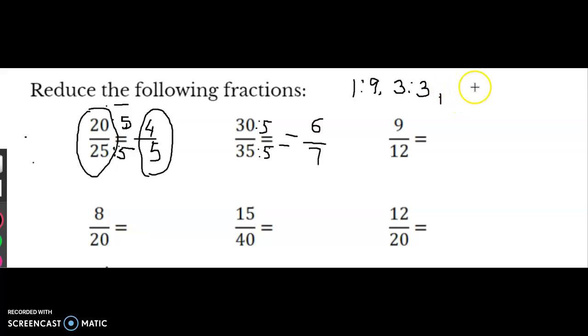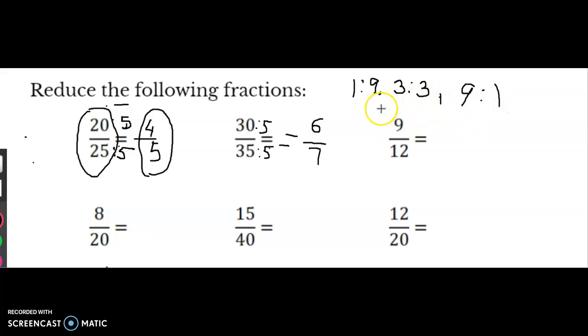By 5, no. By 6, no. By 7, no. By 8, no. By 9. Oops, sorry, my 9 doesn't look like 9. 9 divided by 9 is 1.